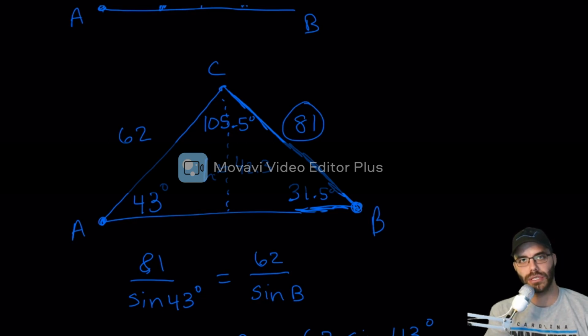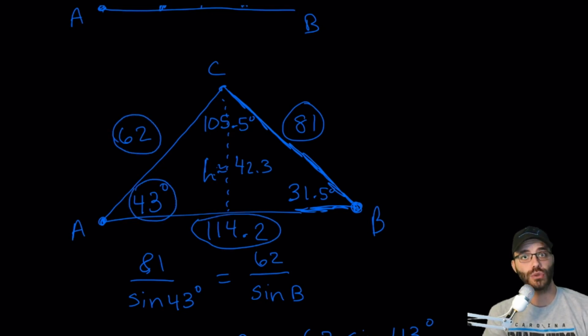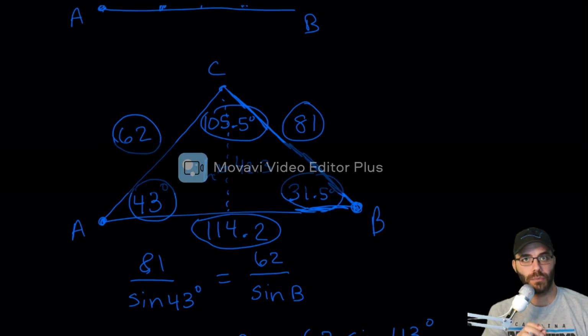Now imagine how much work you would have to do to find the angle measurements for the ambiguous case when you have two triangles. Draw the pictures of the two potential triangles, sketch them.